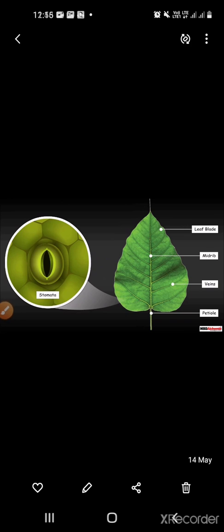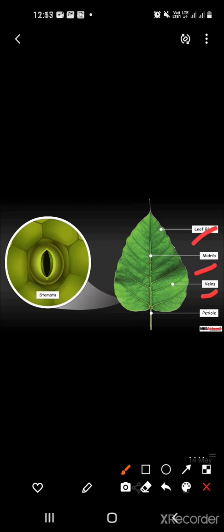Just look into the next diagram. You can see here clearly. This is the leaf blade, and this is the midrib, that straight line. And these are the veins, on the left and right sides of the leaf. This is the petiole. Fine. And here you can see a small opening, that black hole. This is the structure of stomata.